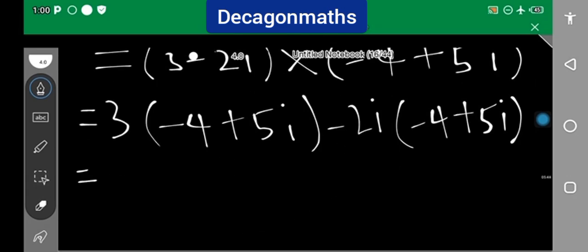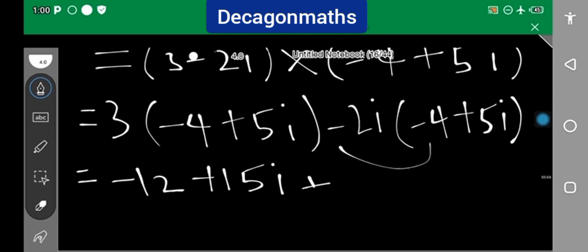So this equals minus 12 plus 15i, minus times minus gives plus, so we have plus 8i, minus 10i raised power 2.